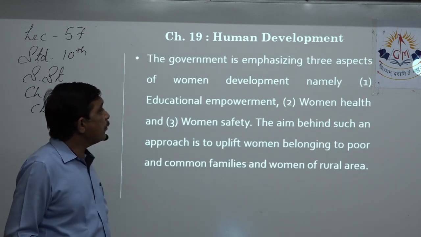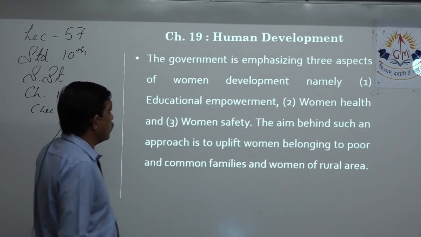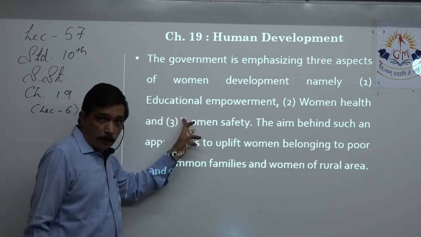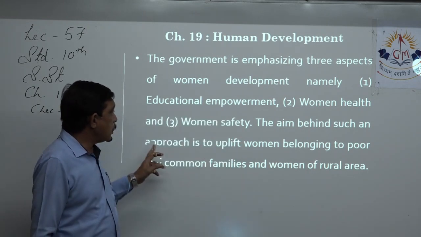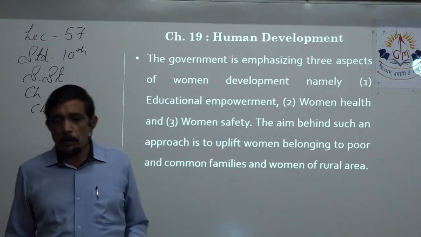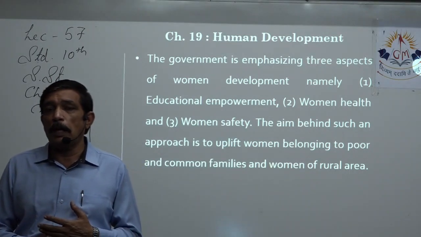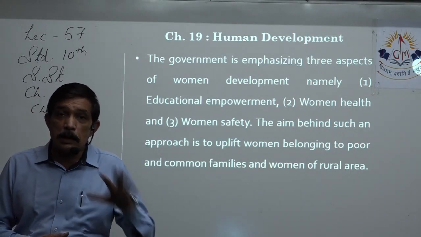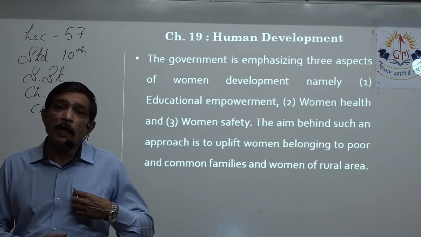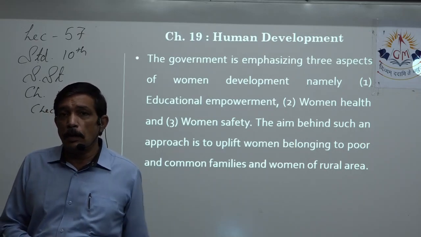The government is emphasizing three aspects. First is educational empowerment, second is women's health, and third is women's safety. All three are very helpful and very necessary right now, compared to the scenario we had, say, 50 years ago.